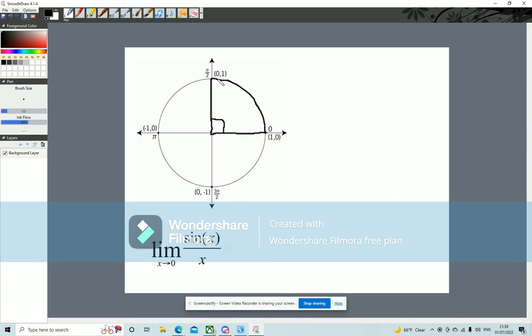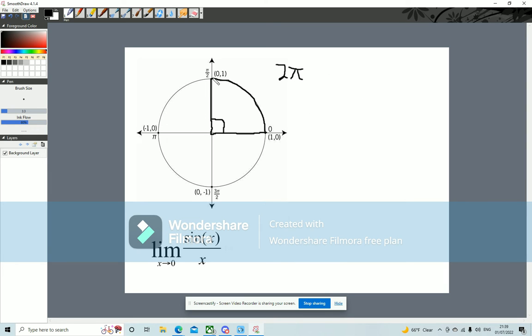So x here, or the length of this arc, is also pi over 2, which makes sense because the circumference of the unit circle is just going to be 2 pi because it has a radius 1, and the circumference of a circle is 2 pi times r. So in this case, it's 2 pi times 1, or just 2 pi.